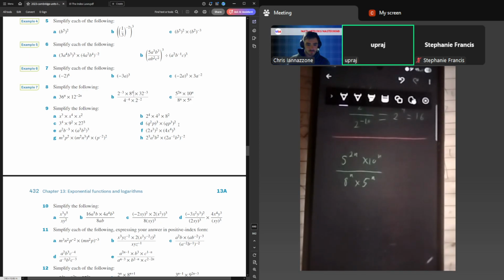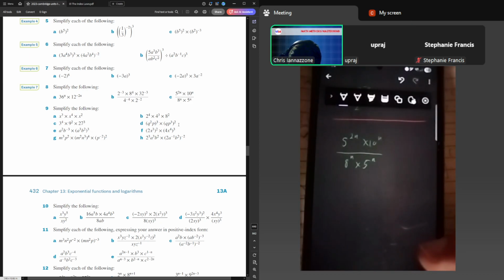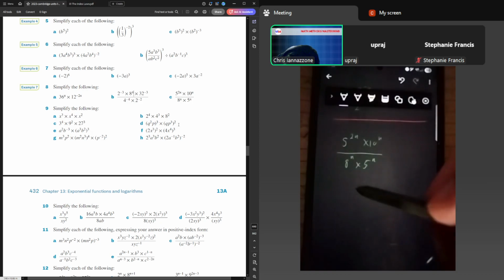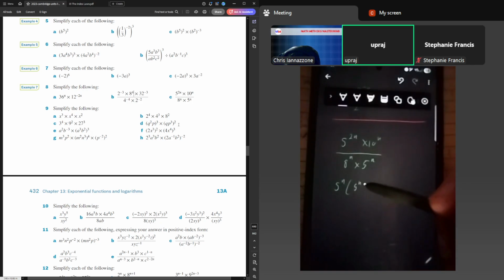Chris, they have different bases, but at least for the numerator, can we factorize possibly? Factor an expression out? Yeah. What's that going to look like? Maybe, yeah, so we take out 5 to the power of n from the two expressions, so you get 5 to the power of n times 5 to the power of n times... Hold on.